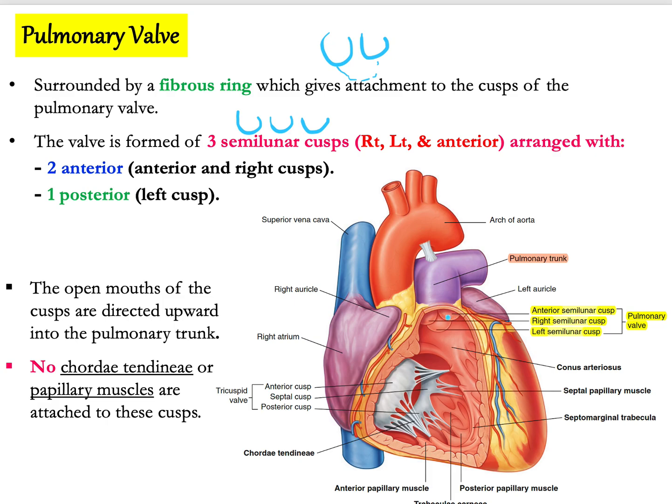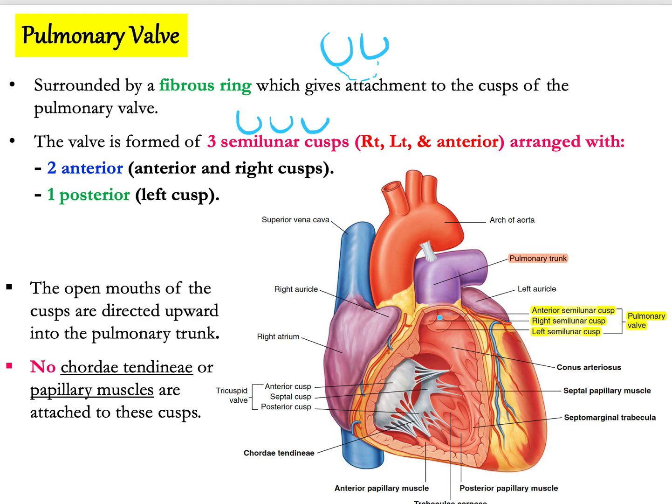Why? Because the names of these cusps come from their position in the embryonic heart before the rotation of the heart. What does it mean? Okay, I will show you.